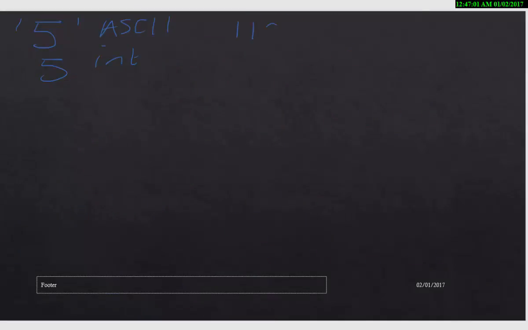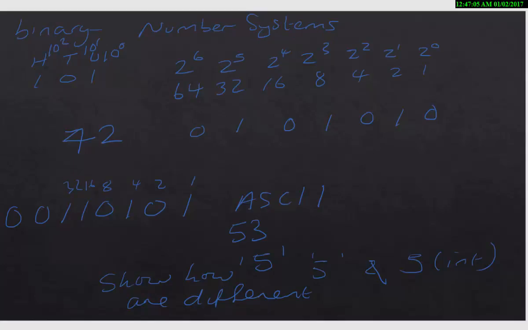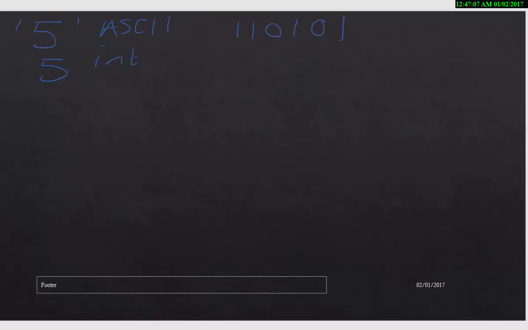So 110101, we just check it's correct. But as an integer, that's not the case. It'll be 1, no 2s and 4, and then the rest would be set to 0s. So this is 5 as an int, and this is 5 ASCII as 53.